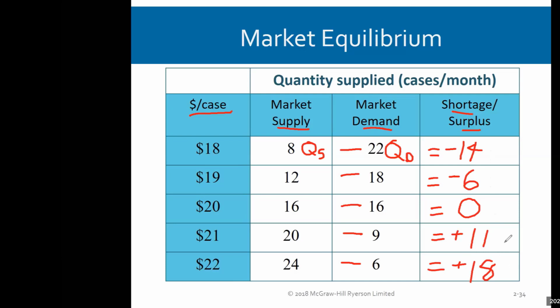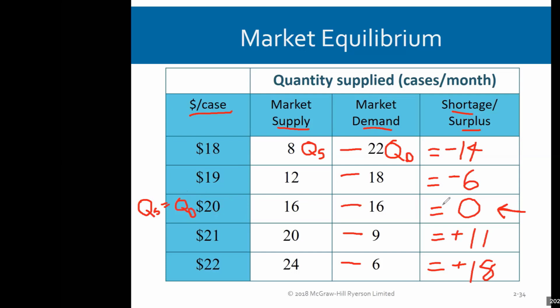So let me just ask you, where's equilibrium? And hopefully most of you went right here. And that's because right there, quantity supplied equals quantity demanded. So always calculate these things, QS minus QD, but where QS equals QD, that happens at a price of 20.